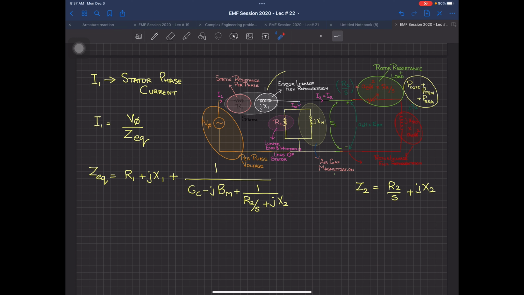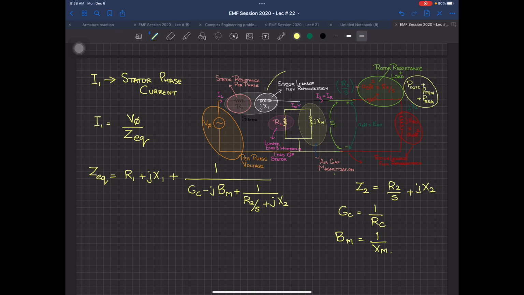So your Z equivalent is equal to R1 plus JX1 plus this reciprocal term, where GC is the conductance, GC equal to 1 over RC, and BM is equal to 1 over XM. So you can easily find Z equivalent.